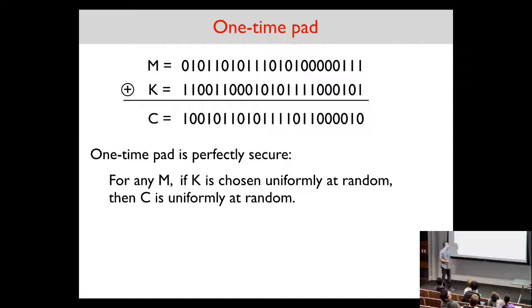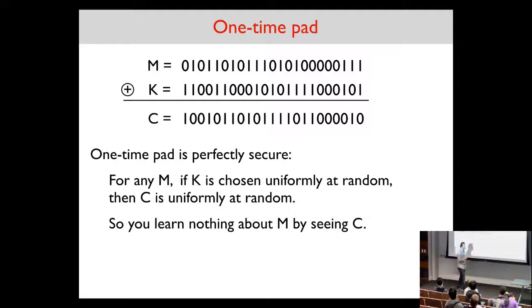Notice that for any M, if you choose the K uniformly at random, then the C that's going to be produced, the encoded message, is going to be completely uniformly random. For any M, if K is uniformly random, C is uniformly random. So really, if the adversary sees C, he learns nothing about the message M. It's a completely random message from his perspective.